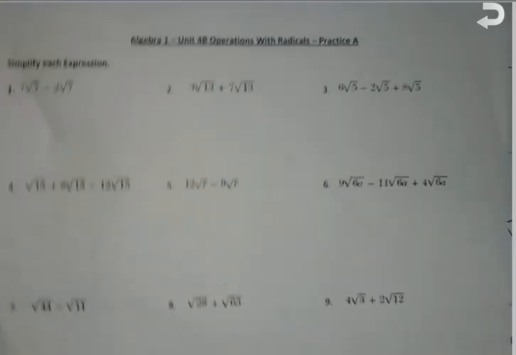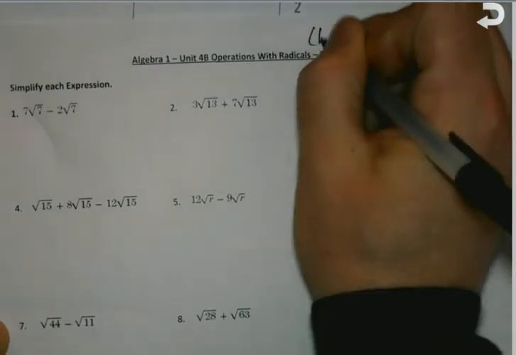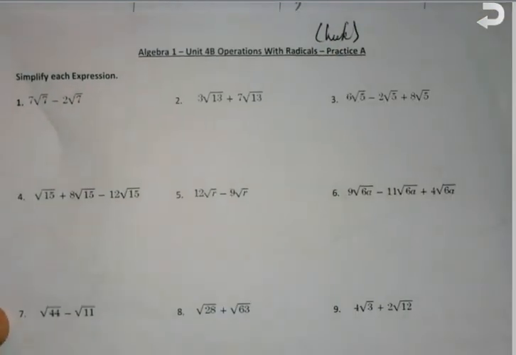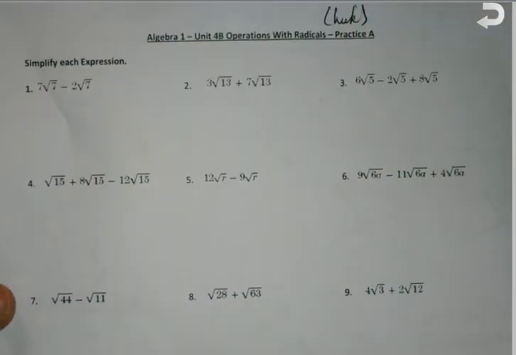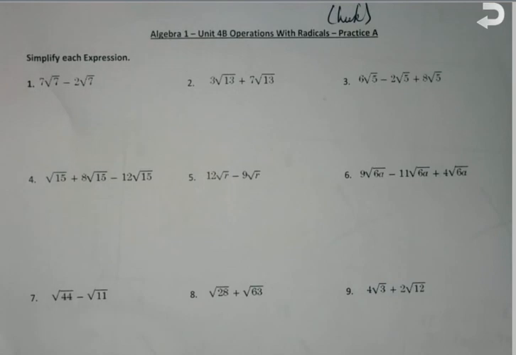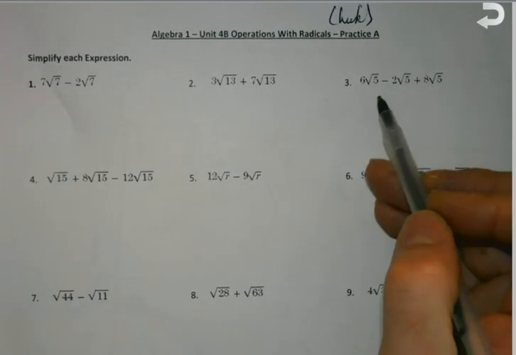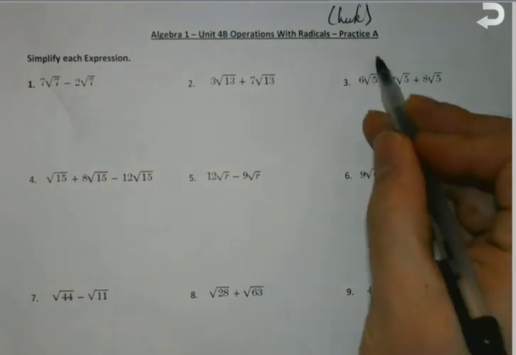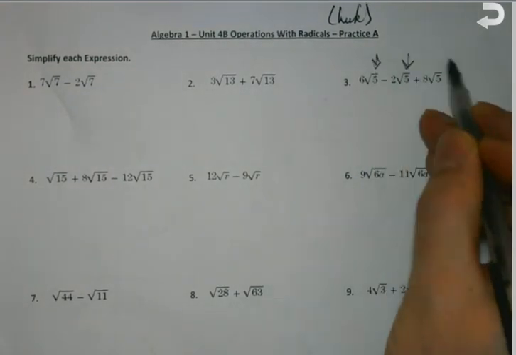When we get over to here, and this is the actual homework, we have finally made it. Some of the problems up here towards the top are going to be like we had at the start. Look to see if your radicals are the same, like let's say here on number 3, they're all square root of 5.